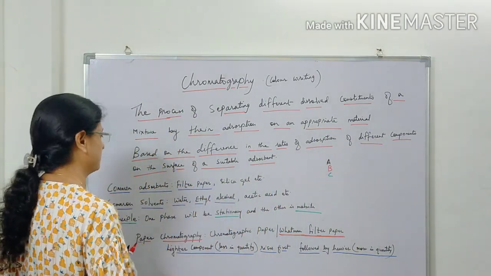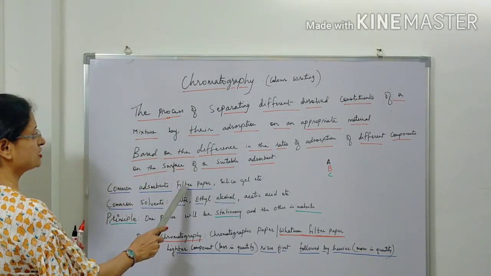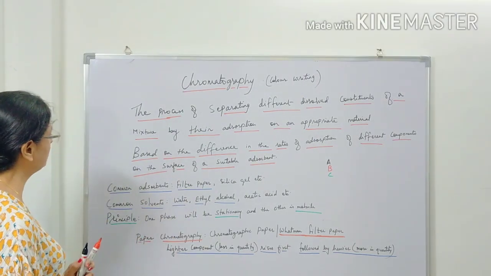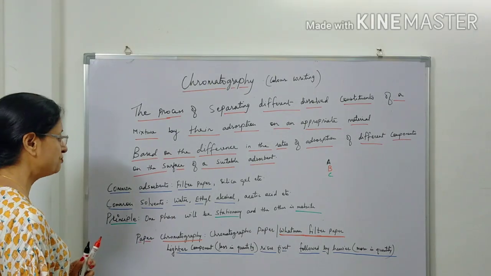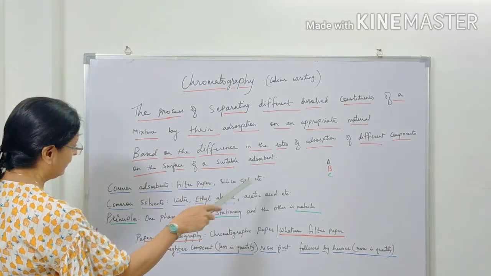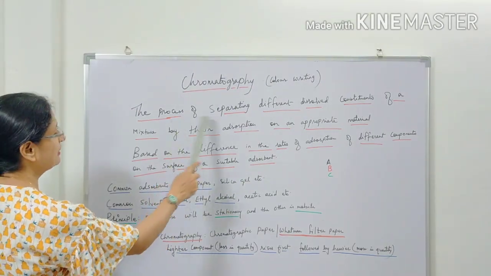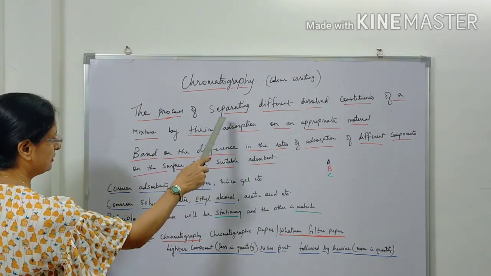The common adsorbents that we can use are filter paper, a special type of filter paper also called Whatman filter paper, or we can also use silica gel, and there are other adsorbents also. You can see I have underlined these important points.